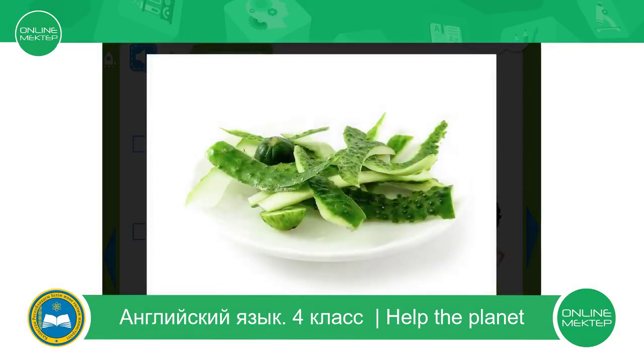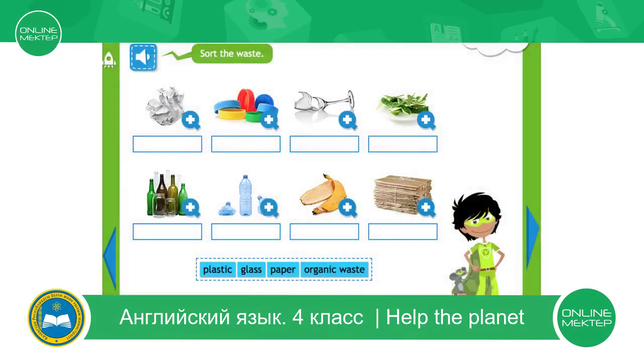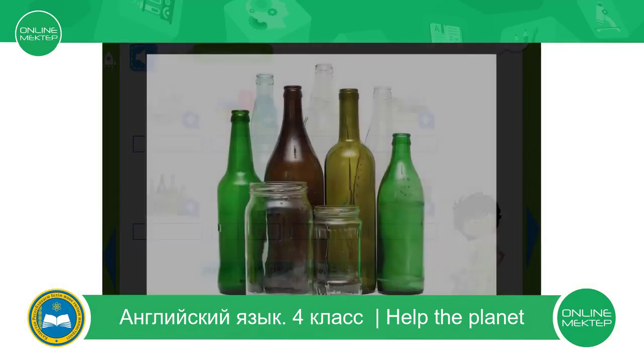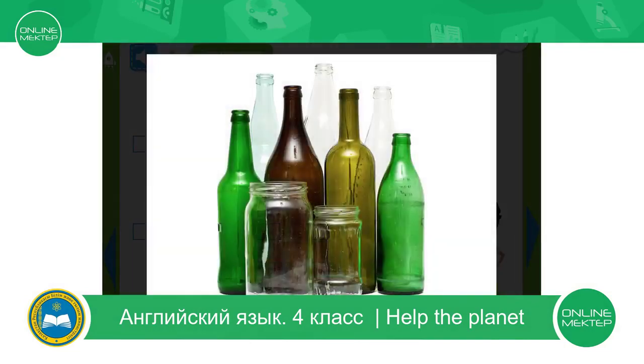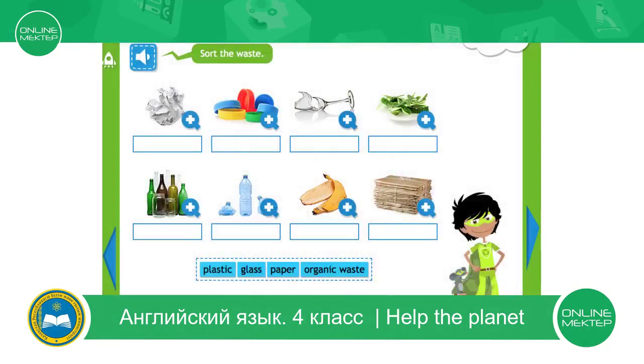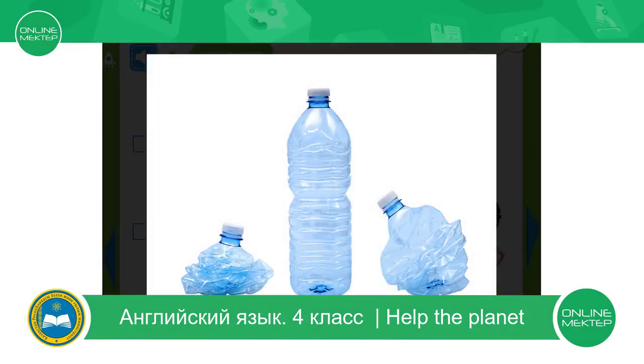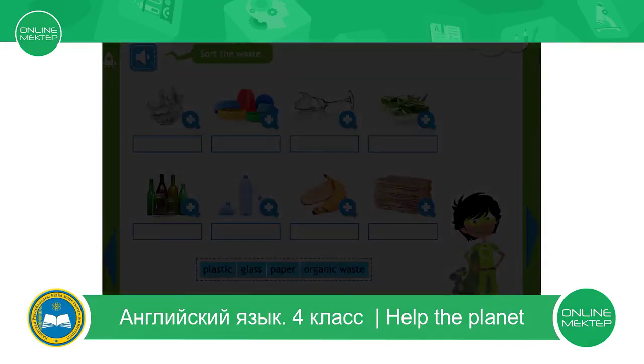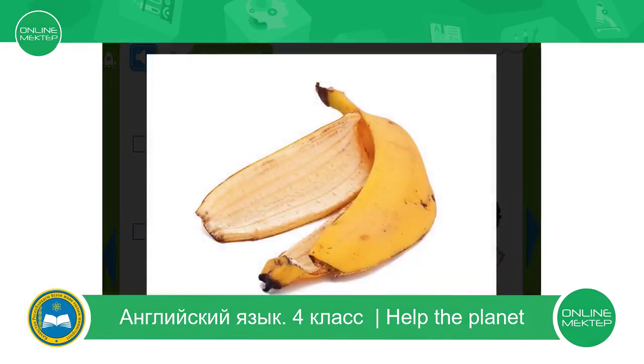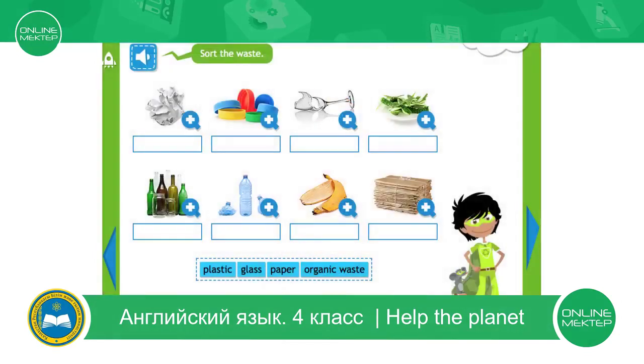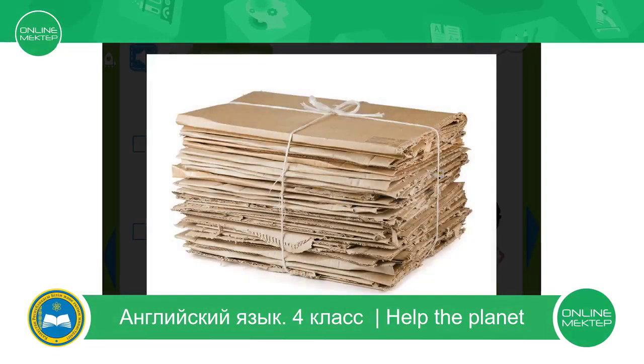Cucumber is organic waste. This is glass. This is plastic. Banana is organic waste. And this is paper.